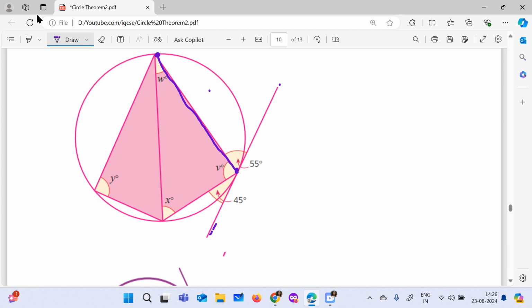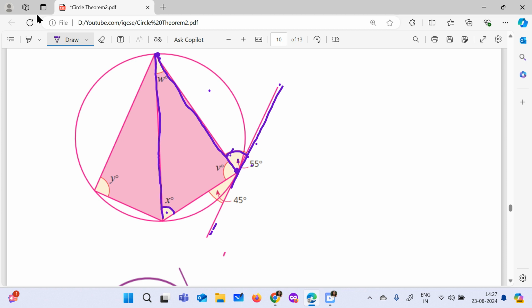And from this chord itself, an angle is formed here in the alternate segment, right? Now you see that this chord and this tangent make 55 degrees. So if this chord and this tangent make 55 degrees here, can you tell me what will be the measure of x?